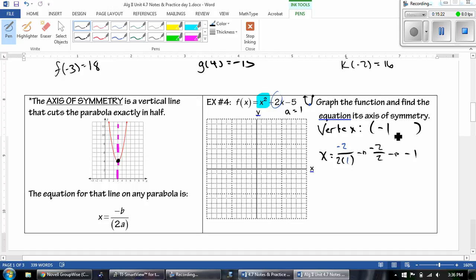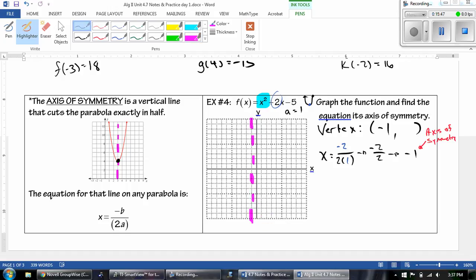So I know that negative 1 right here, that is our axis of symmetry. I can draw this line right here even before I do anything else, and I know that this line is going to cut my parabola directly in half.